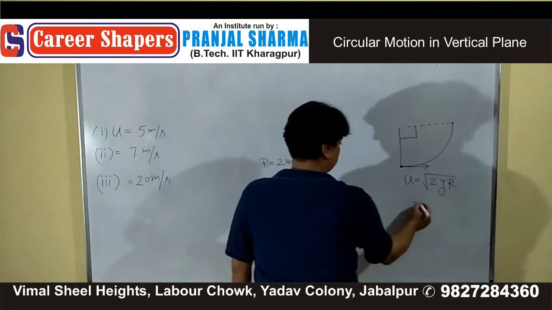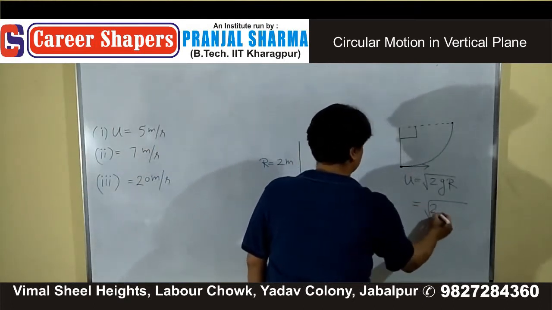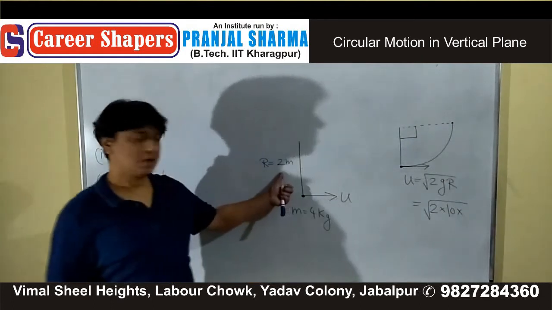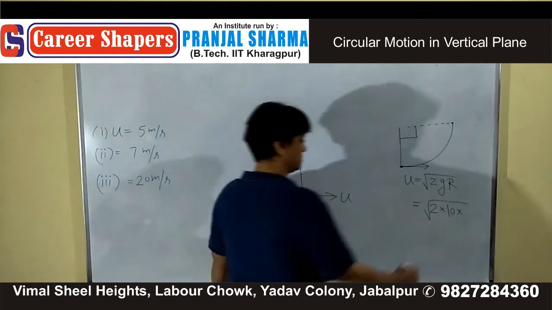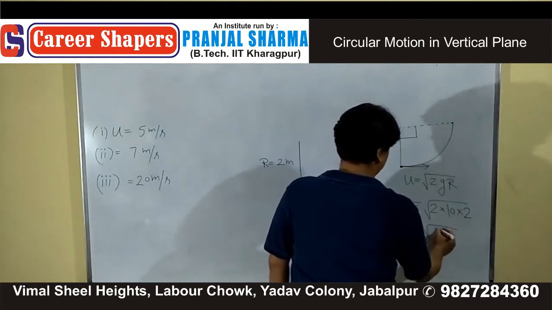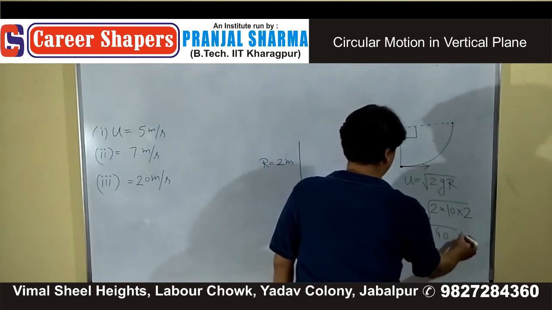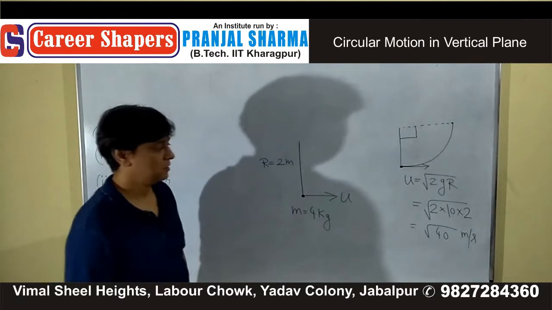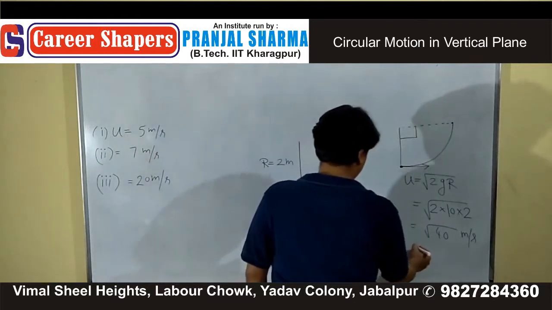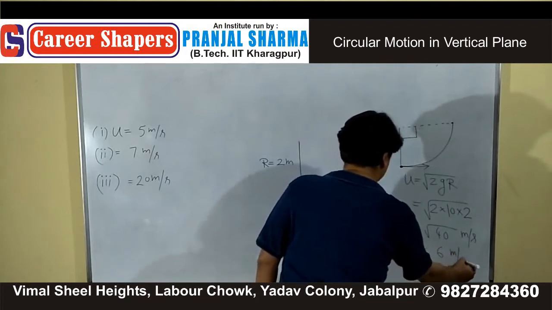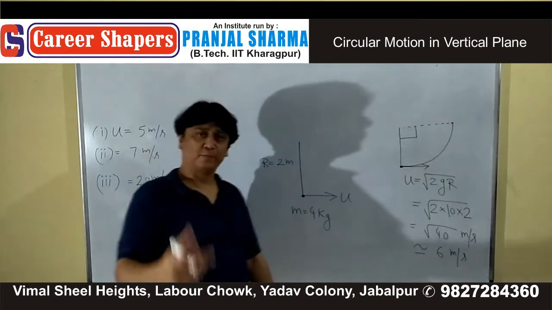For the given question, let's take g as 10, R is 2. This comes to root 40 meters per second, which is approximately 6 meters per second. We need to have an approximate idea.